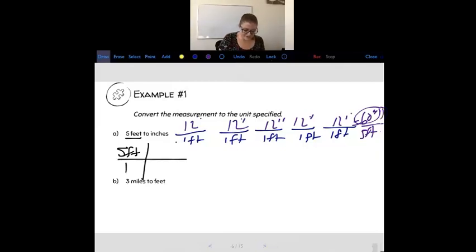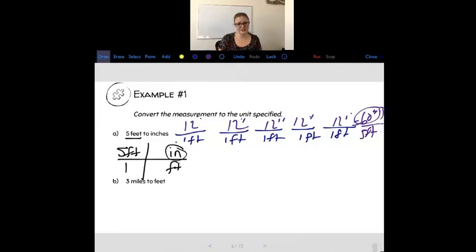Put it over 1, and then we want to get to inches. Remember that in fractions, if you multiply and divide by the same thing, like if you multiply by 7 and divide by 7, those cancel and give you 1. The same thing is true with units. If we have feet on top, we want to make sure we divide by feet so those cancel out. And our desired unit, which will always be at the end, is inches.